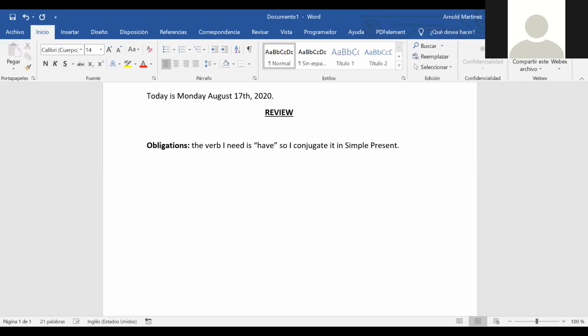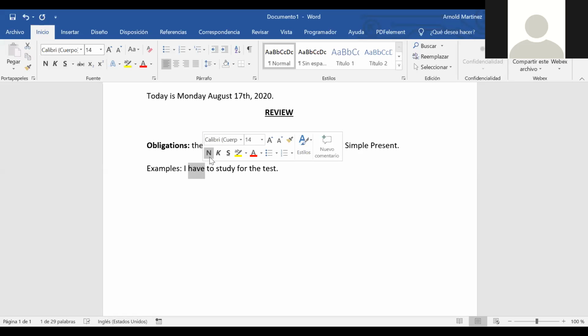So let's see examples. Remember the examples, guys? Give me examples using obligations. I have to study for the exam. I have to study for the test. Okay, so this is an example of an obligation. Look, I have my verb have, then I have my infinitive verb to study.